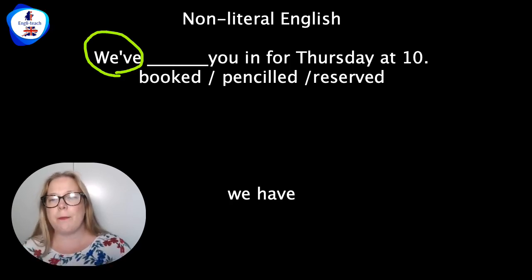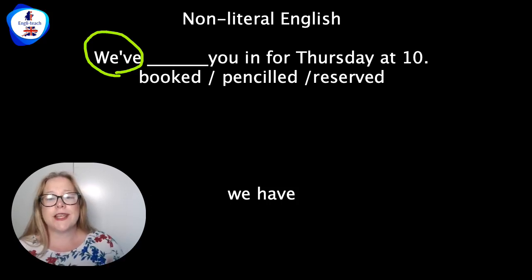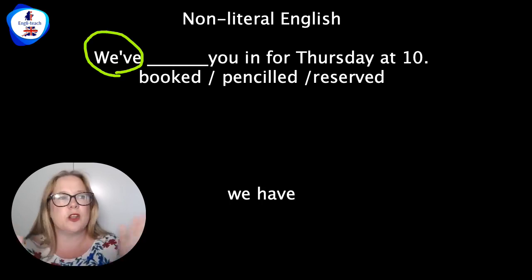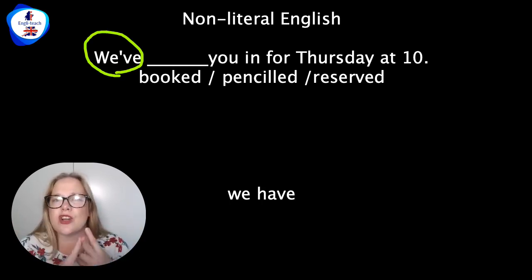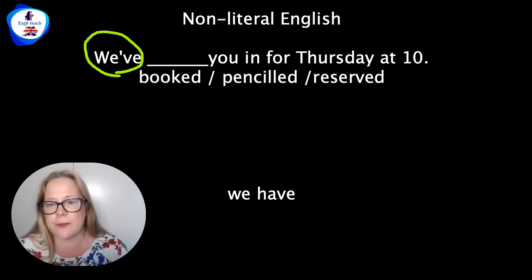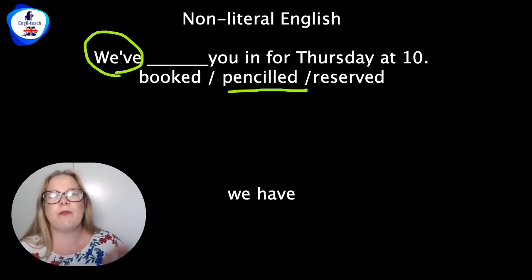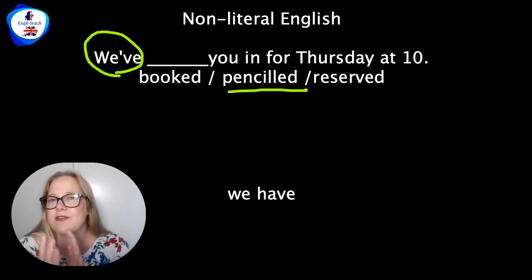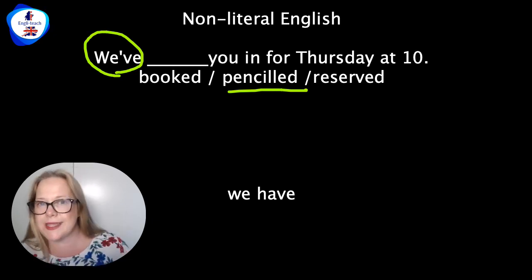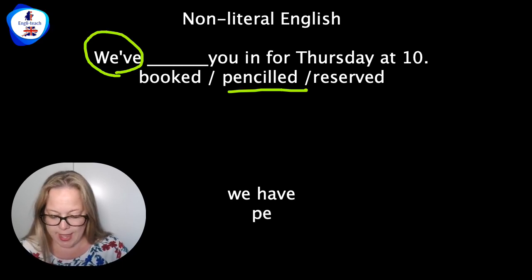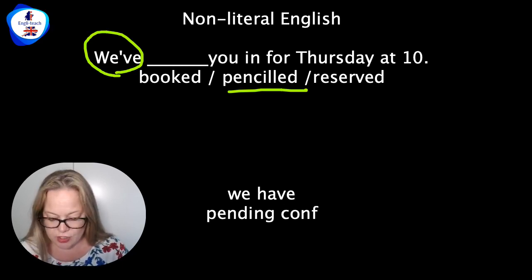So this is someone you're obviously making an appointment with. This could be anyone: hairdresser, doctor, beautician, a service provider. When someone says we've penciled you in, it means we've made a reservation, but it's not 100%. It's normally pending confirmation.